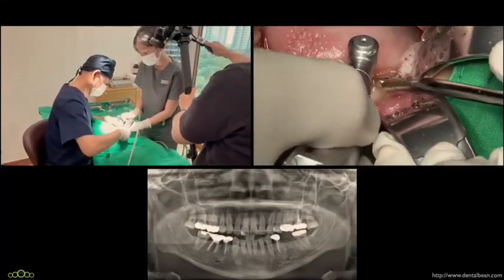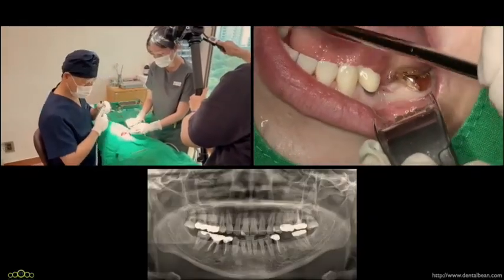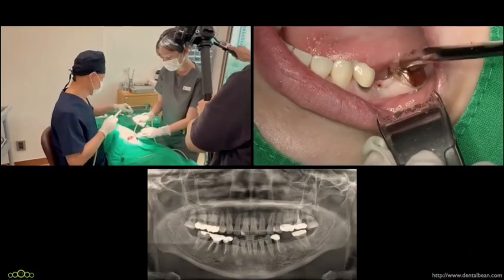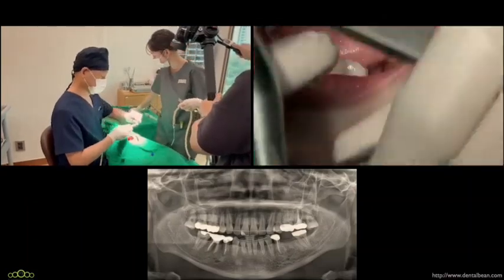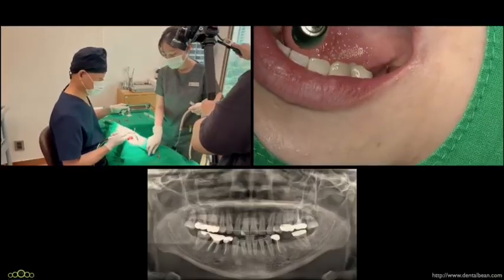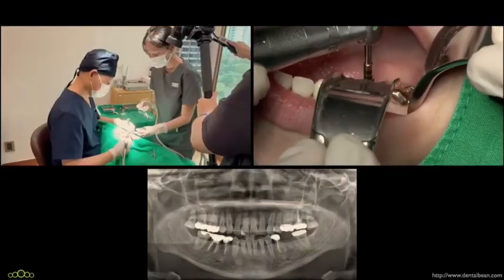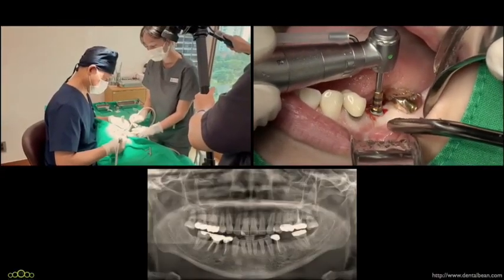When it is near and effectively arranged, it looks like this. The handpiece must come from the right side and very near to my left side. Every instrument and surgical tool should be positioned. Okay, it's flapless surgery, so I can finish implant surgery very quickly, like this.